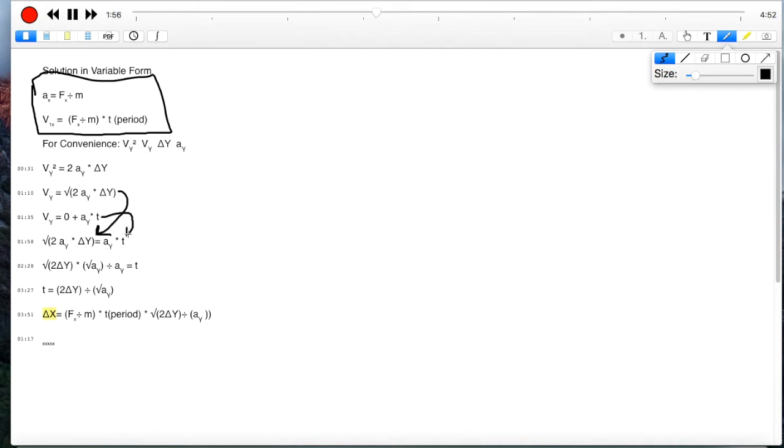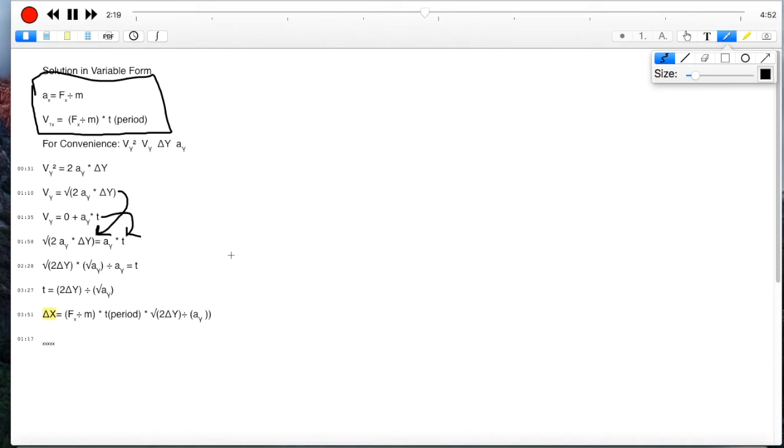Alright, moving forward, we will now have that the square root of 2a delta y will be equal to the acceleration in the y direction times time.